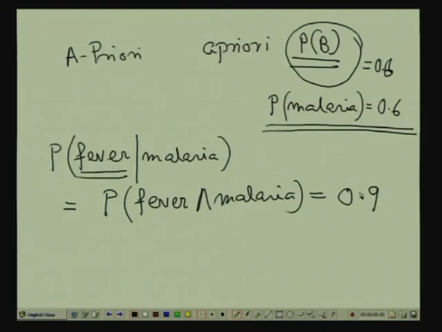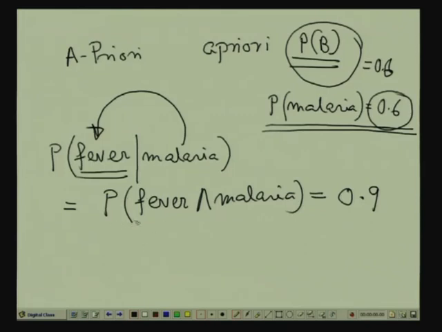Now, malaria has an independent a priori probability of 0.6. They got the fever because of the malaria, but people can have fever for some other reason also.